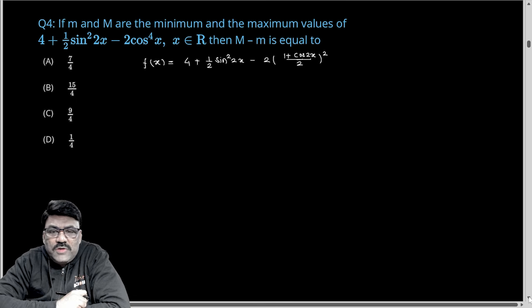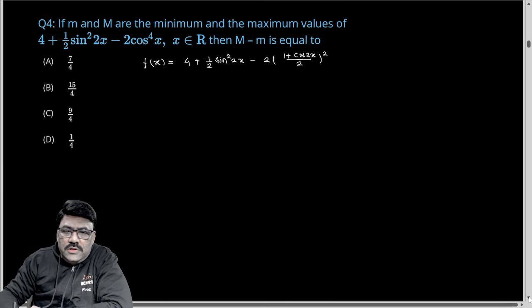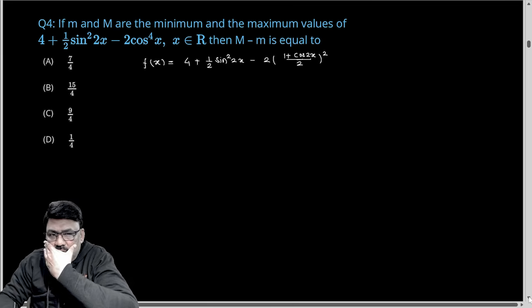Actually 1 plus cos 2x over 2 is cos square x, and then again whole square, that will be cos raised to 4x.